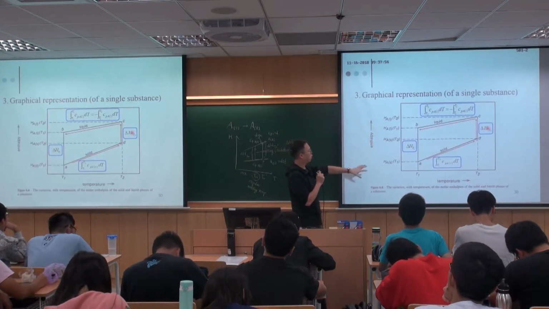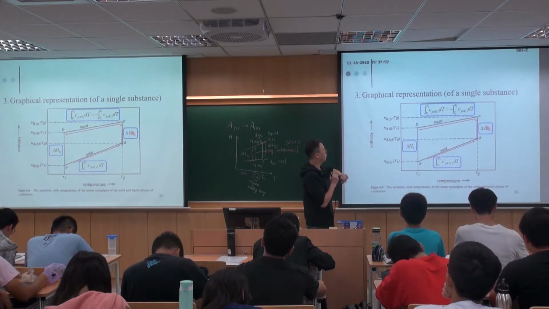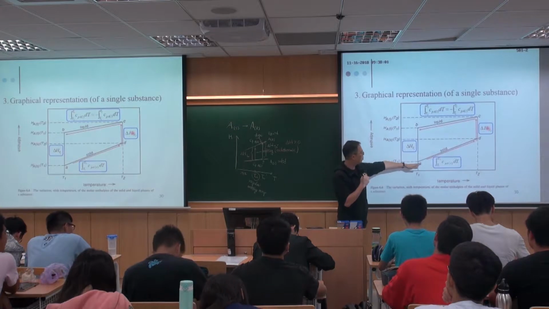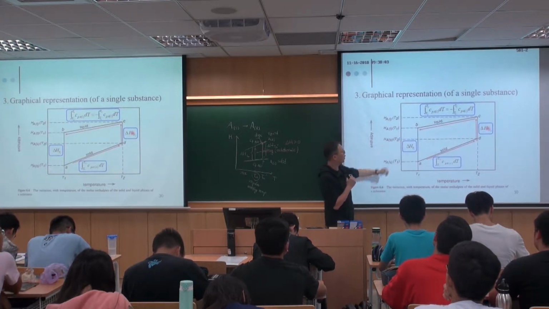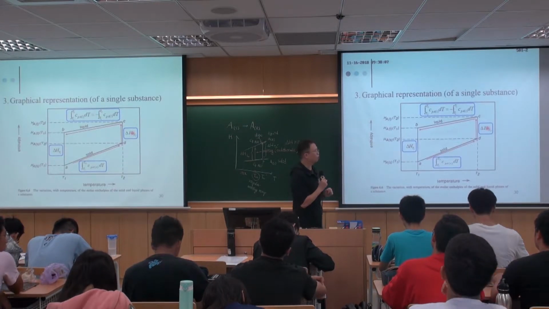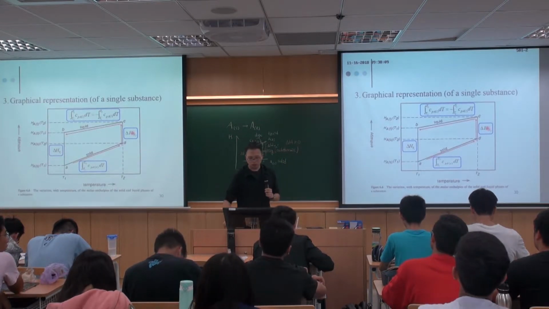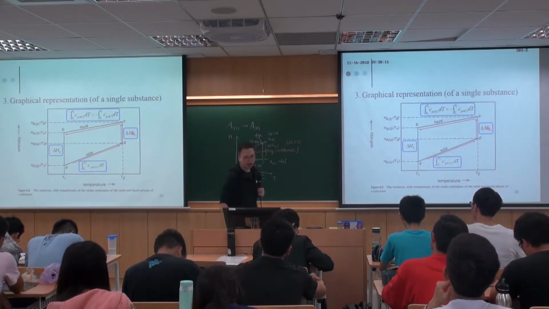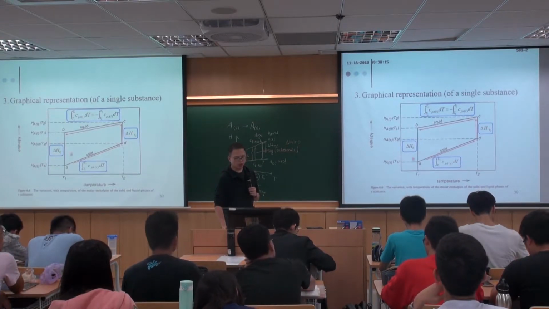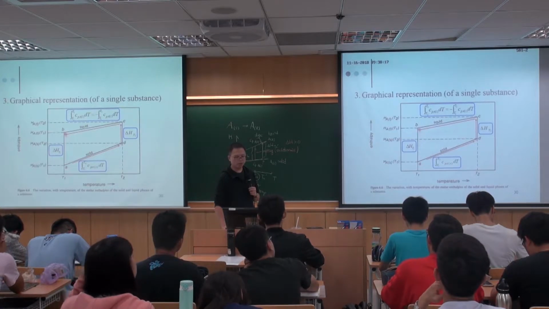So typically, one piece of information will be given. For instance, delta H T1 is given, and you also know Cp for liquid and solid phase. Then you should be able to calculate delta H T2. So the philosophy behind this is very simple. For instance, we know delta H T1 is from A to B, okay?